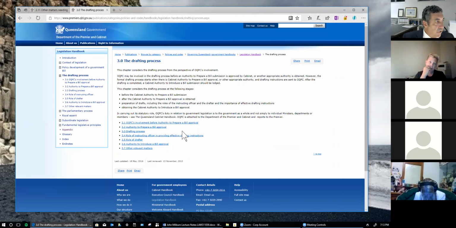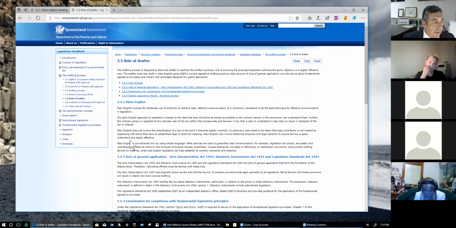And you'll see there the OQPC is involved in that process. For example, have a look at the role of the drafter, and in particular, say 3.5.2, which talks about acts being of general application.